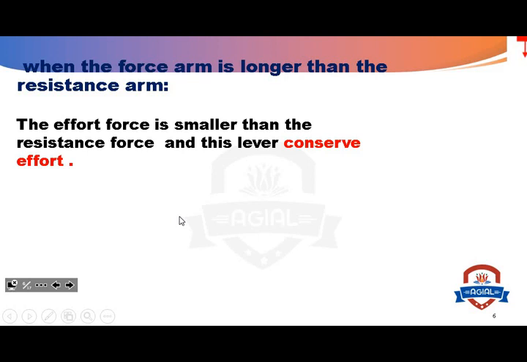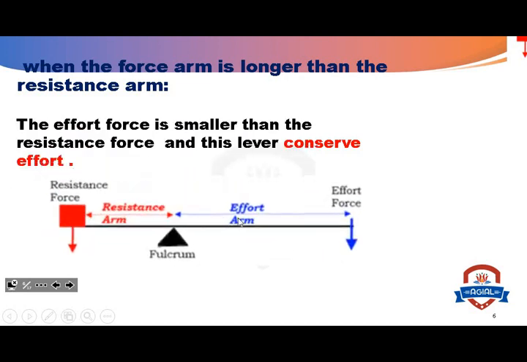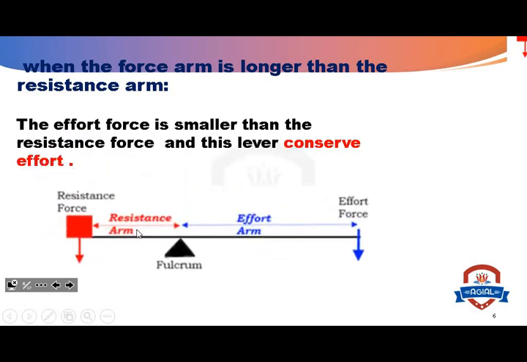This is a very important point. When the force arm is longer than the resistance arm, what happens to the effort force? The effort force is smaller than the resistance force, and this lever conserves effort.